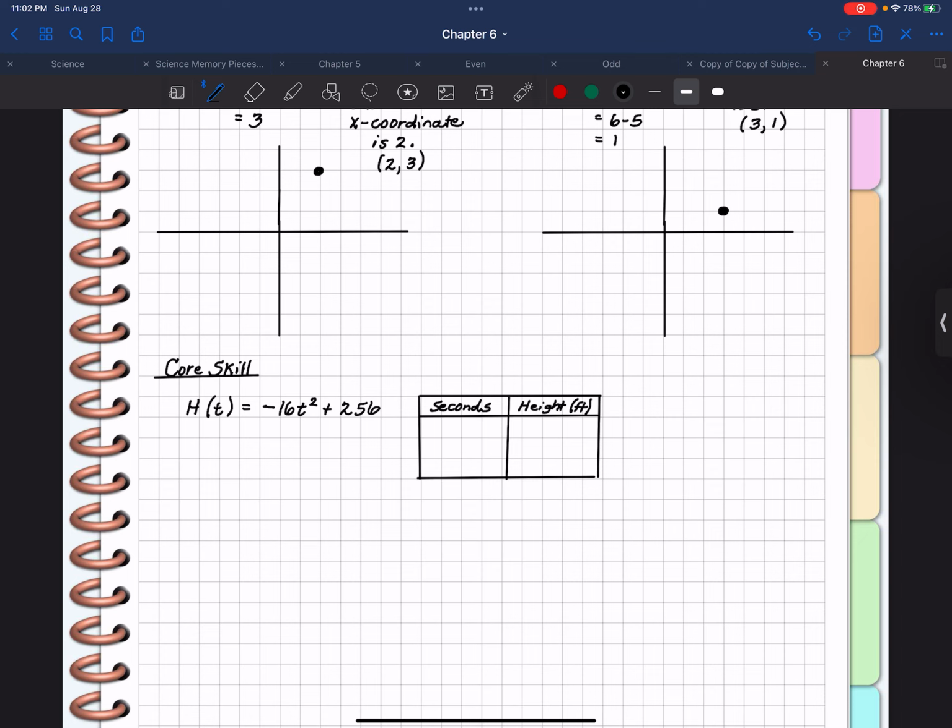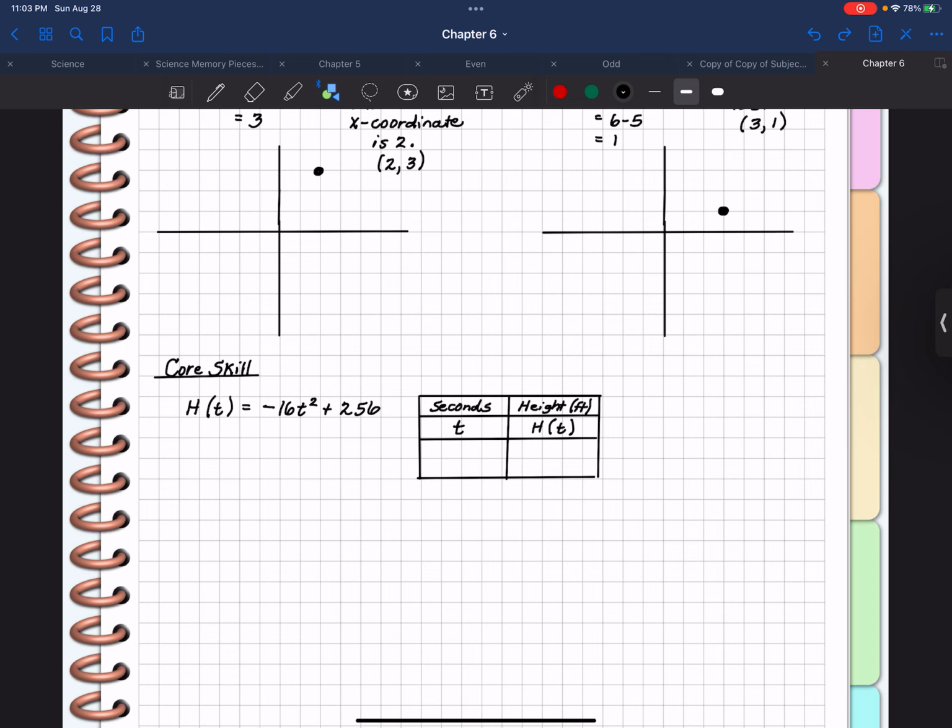Height is the dependent variable, because the altitude, the height of the object depends on the seconds that have passed. We can also say that seconds is t, height is h in terms of t. So we could label it that way. Let's not call it anything else.